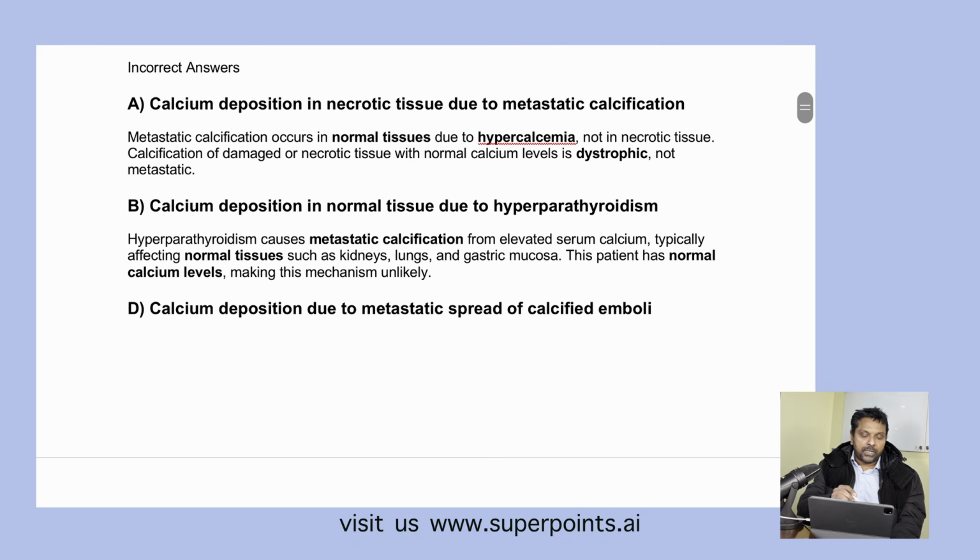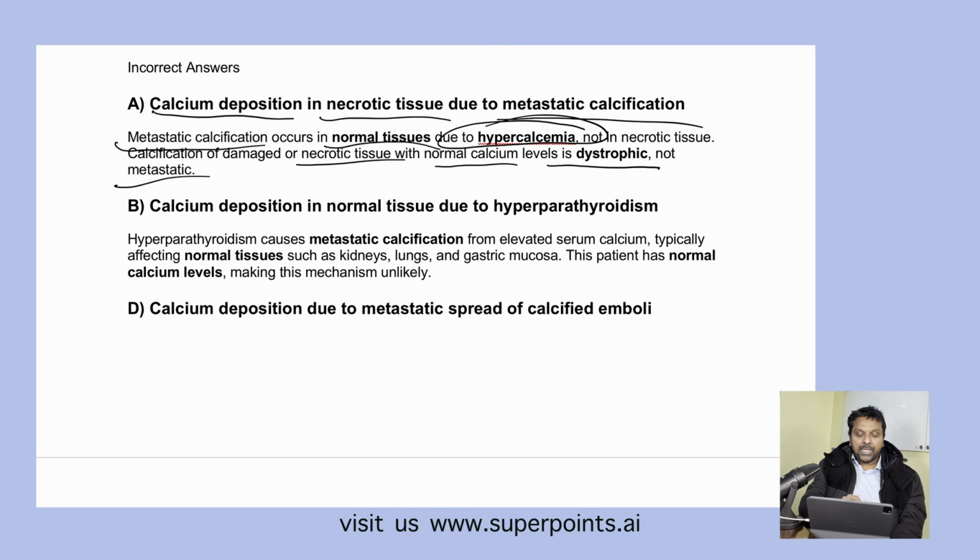What about incorrect answers? Let us say calcium deposition in necrotic tissue due to metastatic calcification. Well, metastatic calcification occurs in normal tissues due to hypercalcemia. Calcification of damaged or necrotic tissue with normal calcium levels is dystrophic, not metastatic. Then calcium deposition in normal tissue due to hyperparathyroidism.